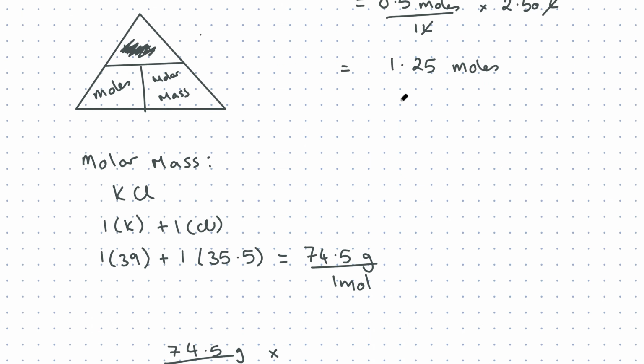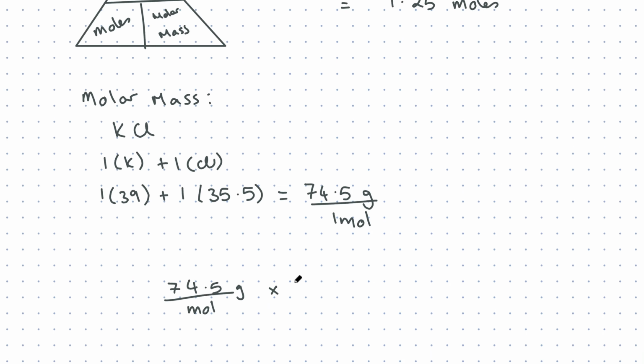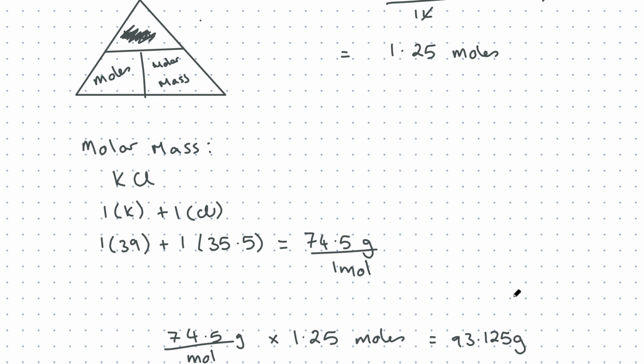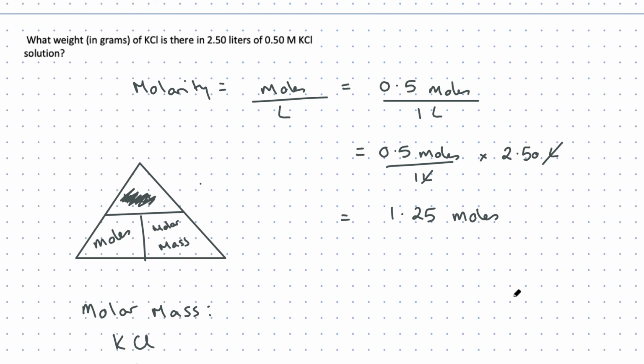And if we go back up, the number of moles was 1.25. So this is what I have. So if I multiply that out then, 74.5 multiplied by 1.25, what I get out is 93.125 grams. So that's how many grams I had in the 2.5 litres of 0.5 molar potassium chloride solution.